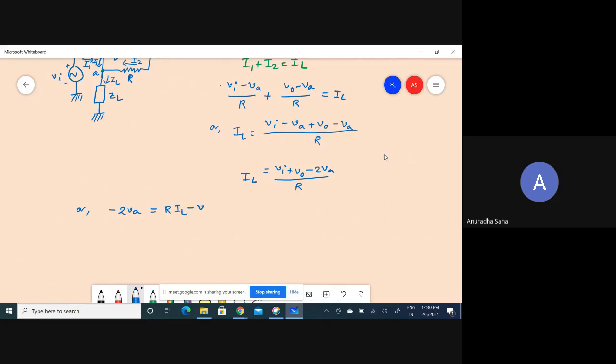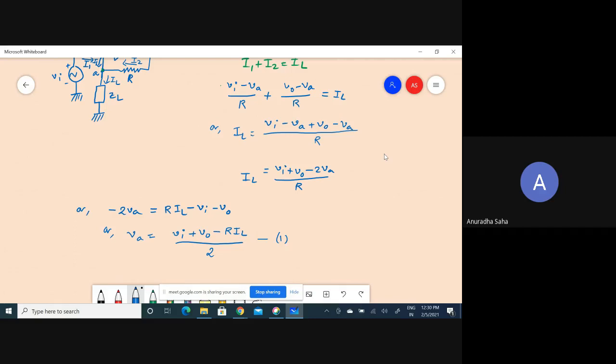Or VA equal to, changing the sign because I am shifting this minus sign from the left hand side to the right hand side, this minus VI becomes plus VI, this minus VO becomes plus VO, and this plus RIL becomes minus RIL, whole divided by 2. Just give it the number 1.